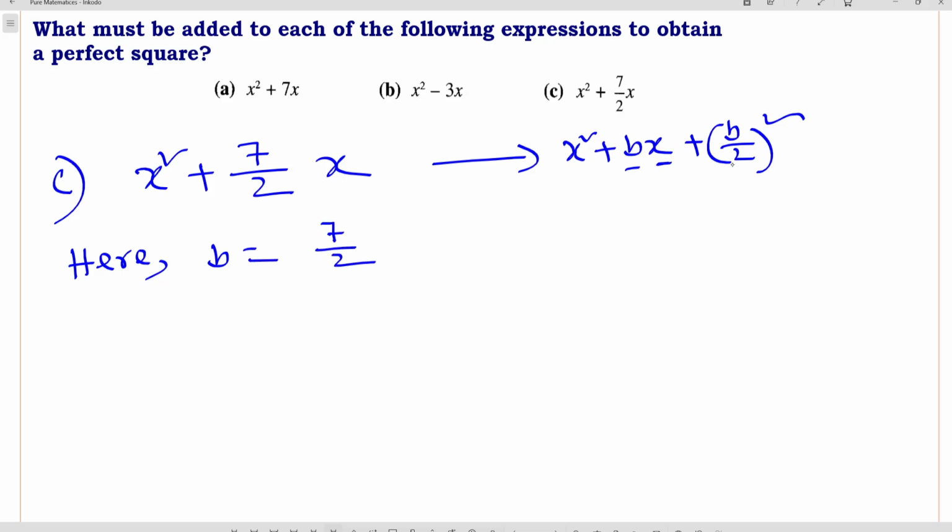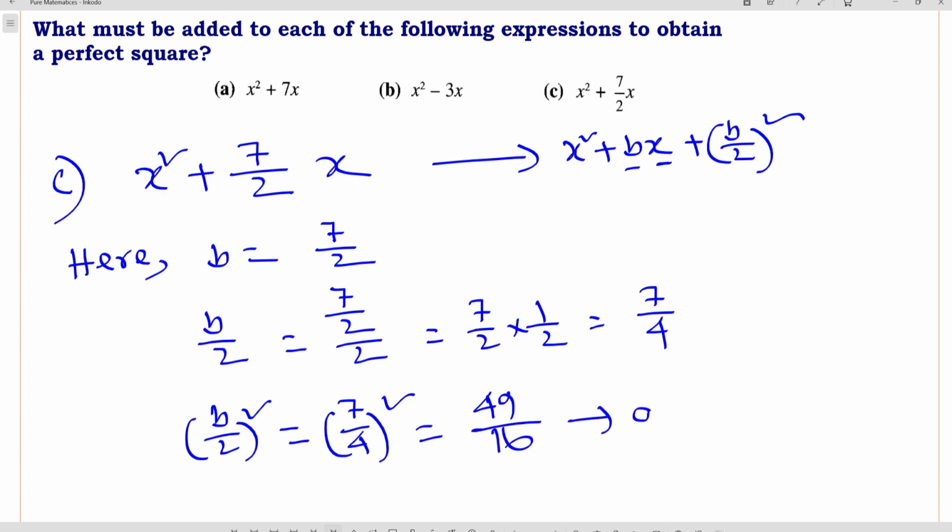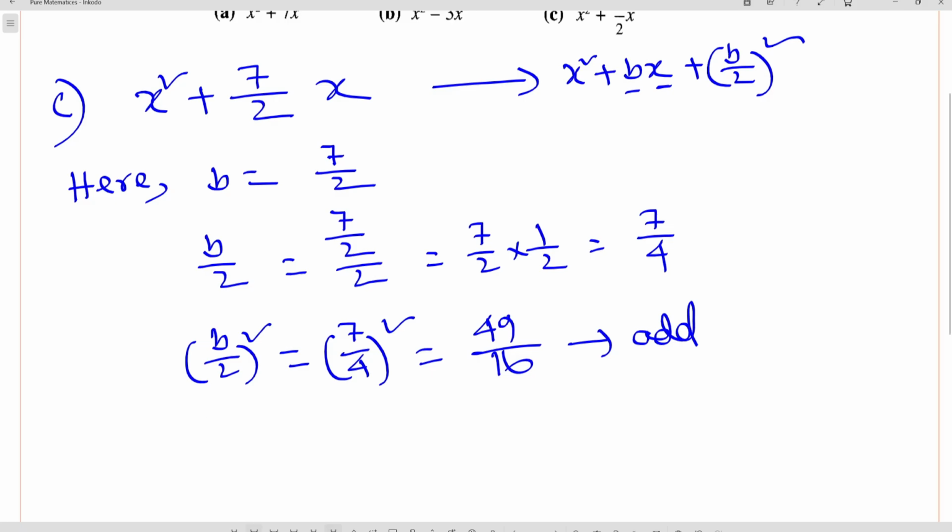And then we will make b by 2. That means 7 by 2 divided by 2. It will be 7 by 2 times 1 by 2 equals 7 by 4. And then (b by 2) square, that means (7 by 4) square, it means 49 by 16, and we will add this one. So what will be the result?